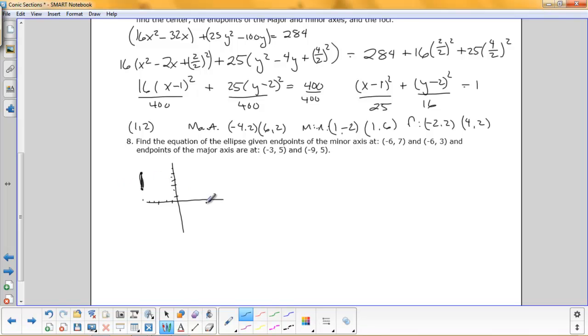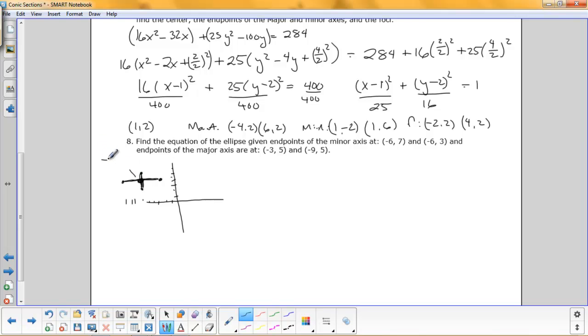Then we're going to find the major axis endpoints to be located at (-3, 5) here, and (-9, 5) here. This means this is the length of the major axis, 2a. And the intersection of those 2 points is the center of my ellipse.